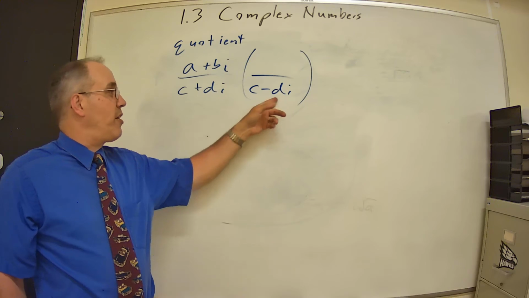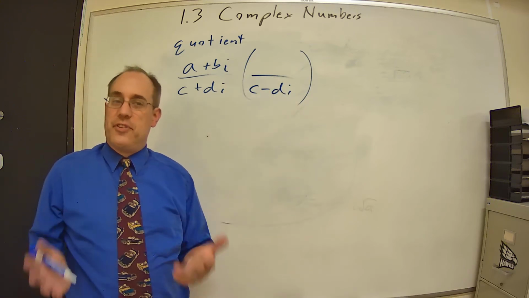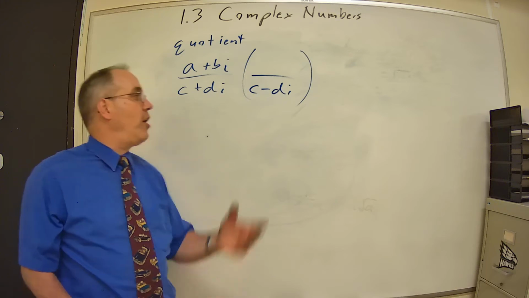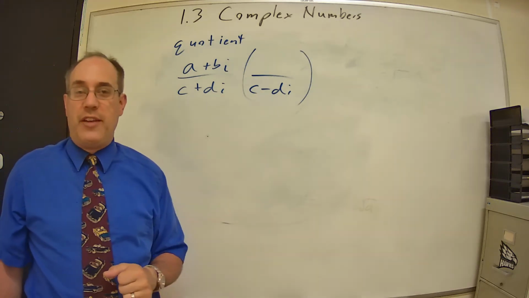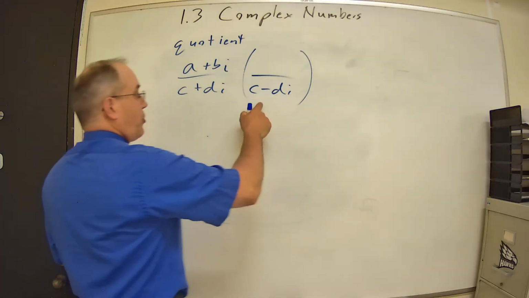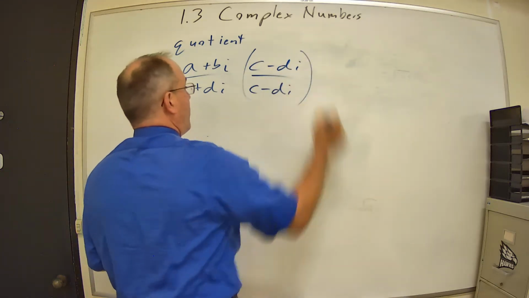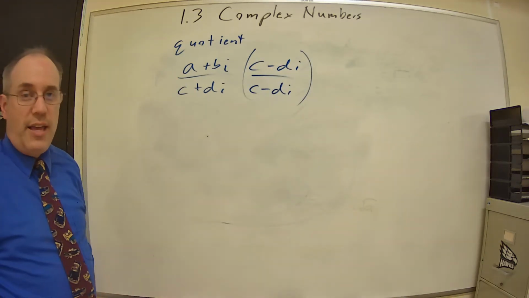If I square this di term, I'm going to end up squaring that i. The square of i is -1, which means we're going to get rid of the imaginary part in our denominator. So obviously, if I'm multiplying the bottom by the complex conjugate, I've got to do the same thing on the top. So c minus di.